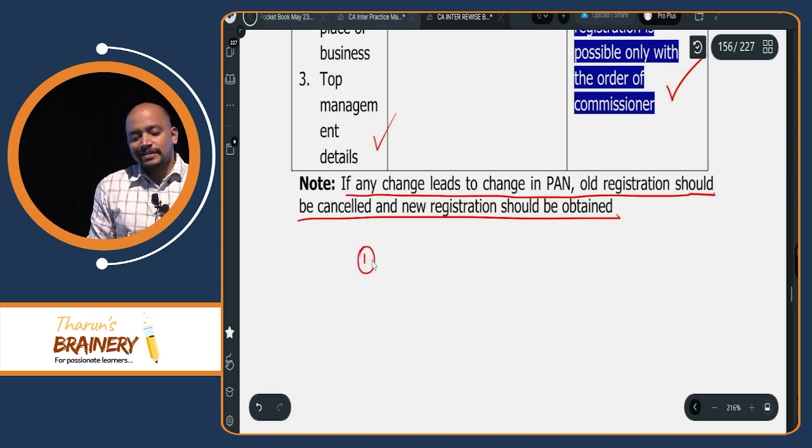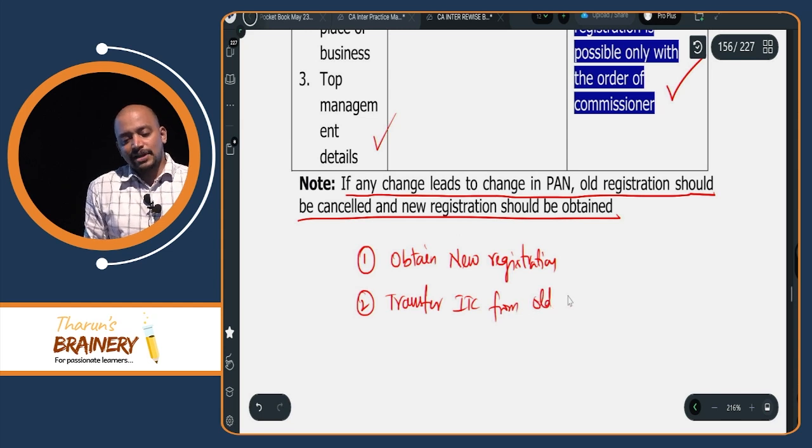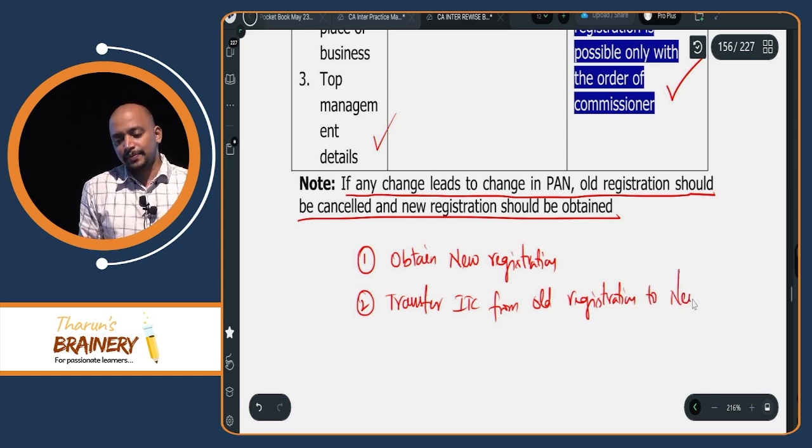So, first, obtain new registration. And then transfer ITC from old registration to new registration.